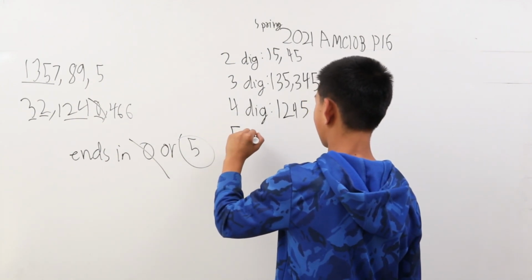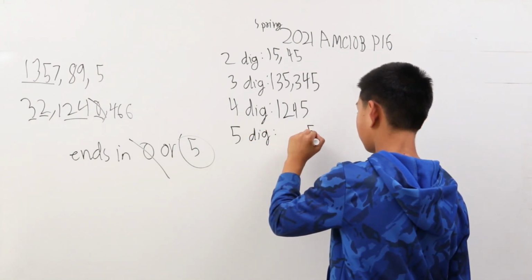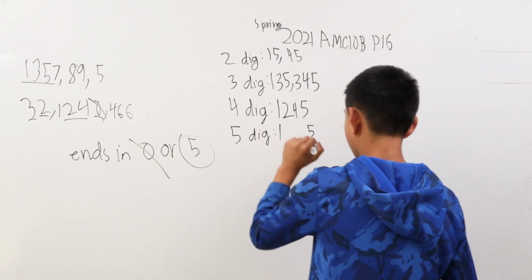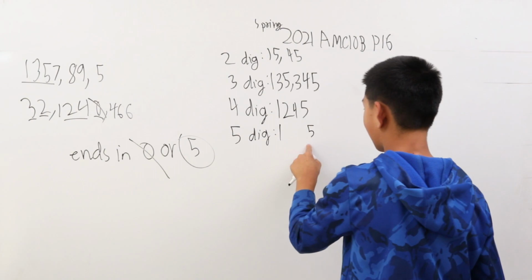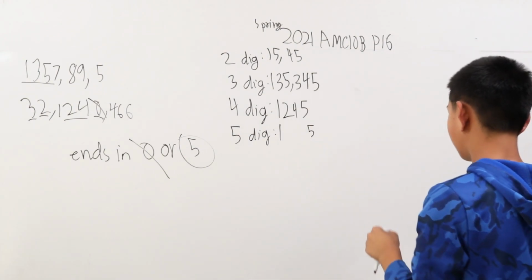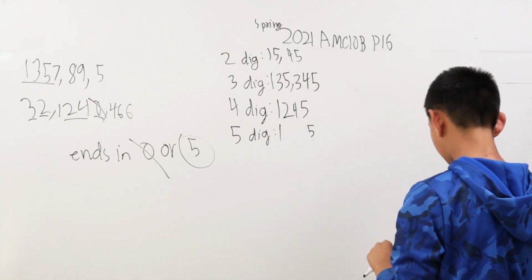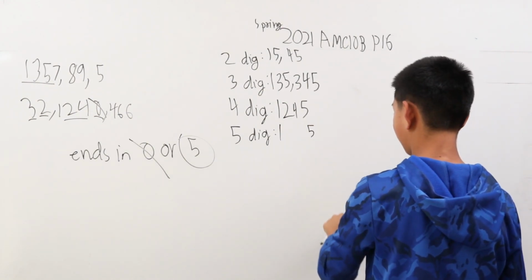So let's consider 5 digits. And we are nearing the end. It could still end in 5, and it could start with 1. Now, what could the sum be? It has to be divisible by 3.